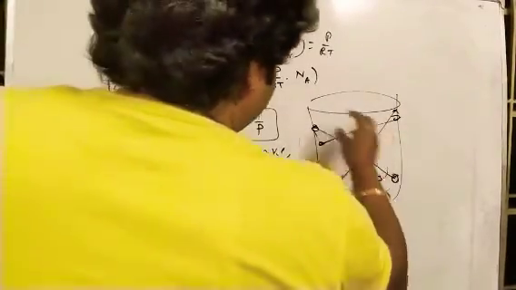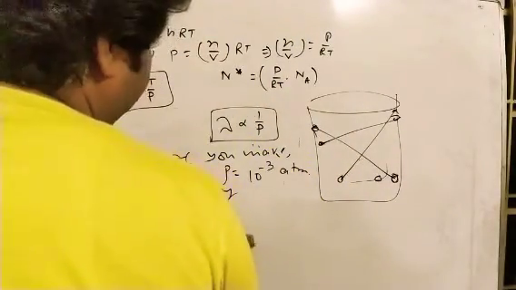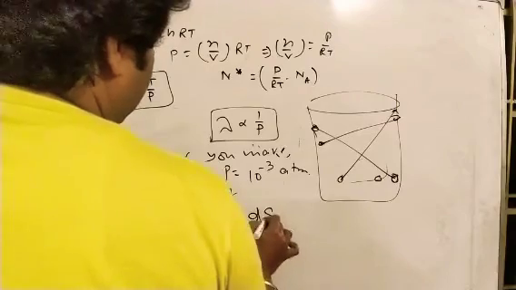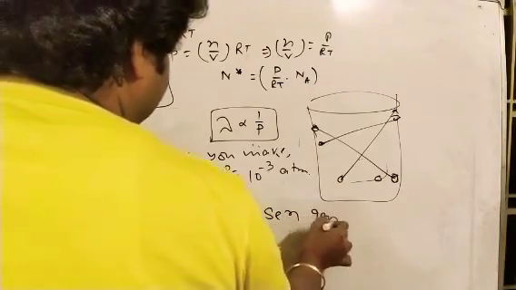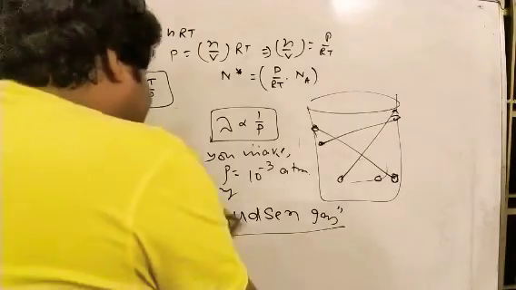They are colliding with the surface of the walls, and at that time these gases are known as Knudsen gas. That is the pronunciation. Sometimes people take the K as silent, but it is actually Knudsen gas. So what is this Knudsen gas?